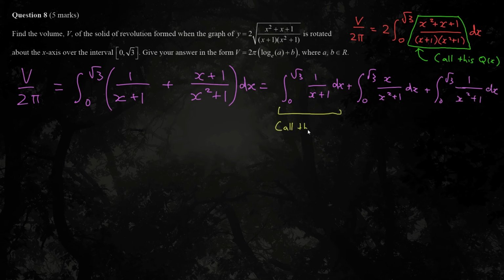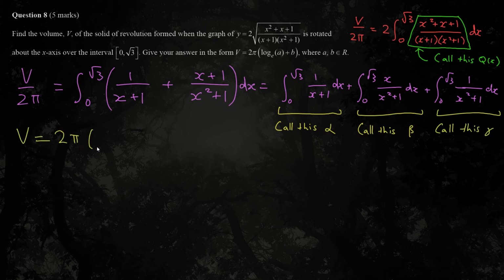So I'll call this alpha, call this beta, and call this gamma. So that means that v equals 2 pi times some stuff, namely alpha plus beta plus gamma, which was of course exactly what we were looking for. So this bit in here is going to be our alpha plus beta plus gamma. Let's go ahead and find them.